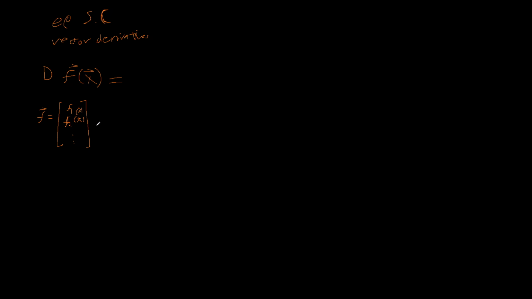So we want to consider f1 with respect to x1, f1 with respect to x2, f1 with respect to x3, and so on. We also want to consider f2 with respect to x1, f2 with respect to x2, right? So it comes out as a matrix, a really big matrix.